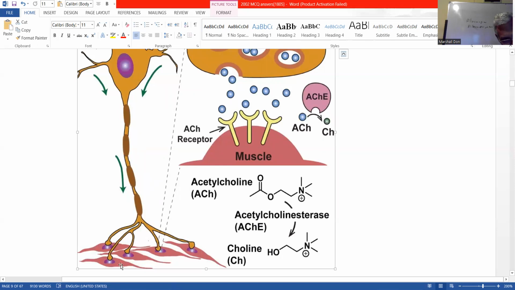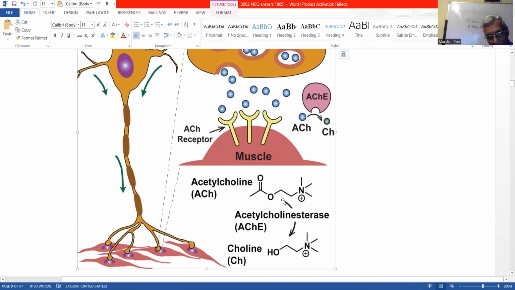From the nerve ending, acetylcholine is released, and the muscle has receptors for acetylcholine. When acetylcholine comes here, they stimulate the muscle to relax or contract.